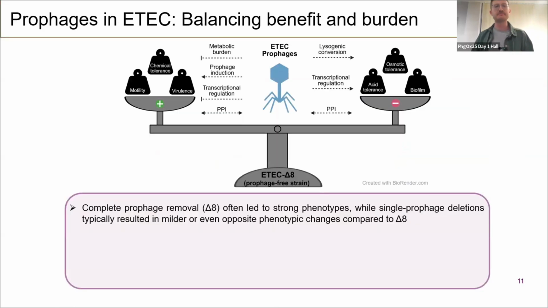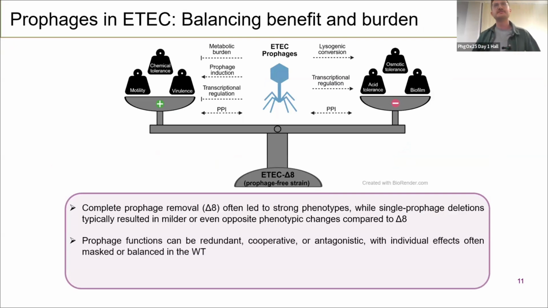So to sum up, throughout all of those assays we did, we found that complete prophage removal often led to strong phenotypes, while single prophage deletions typically resulted in milder or sometimes even contrary phenotypic changes compared to the delta 8 strain.